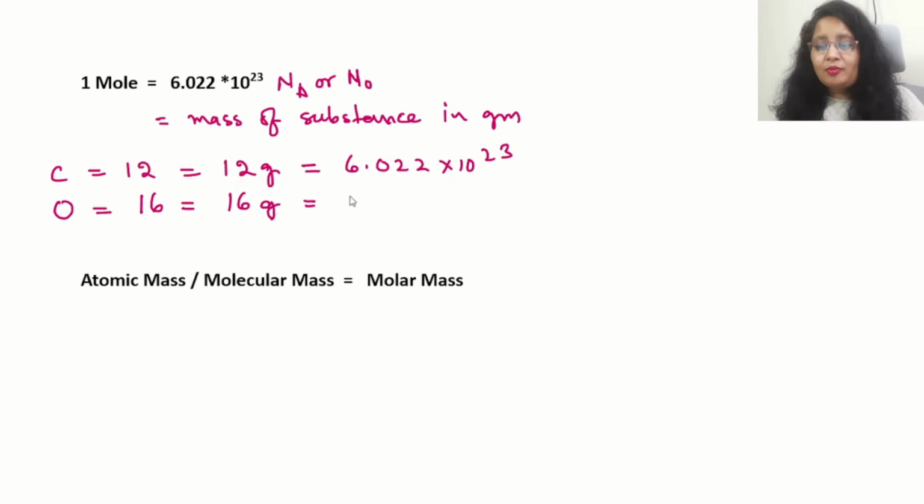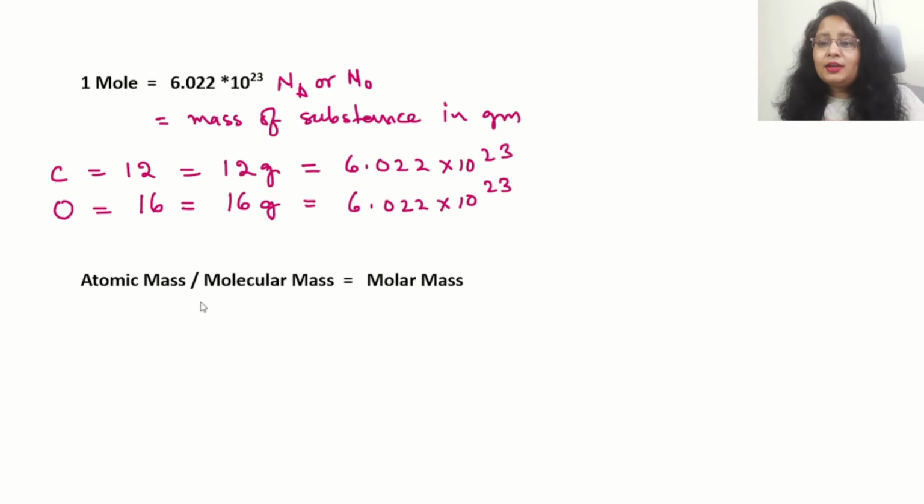In 16 gram of oxygen, 6.022 into 10 to the power 23 atoms will be there. This is the relation between mole, mass of the substance, and the Avogadro number. So these three steps are there.